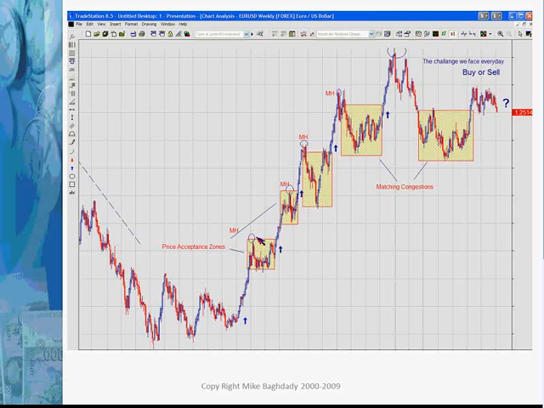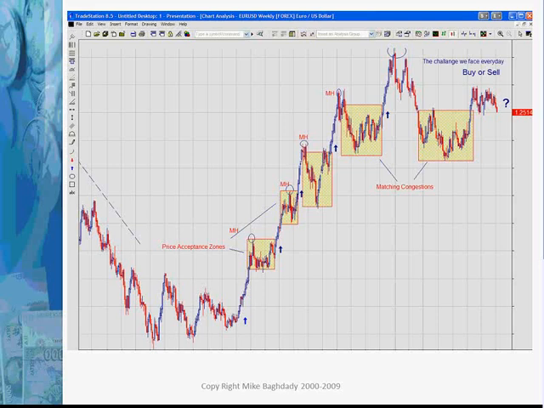After each impulse mode, we get into an equilibrium zone or a sideways zone, and in price behavior we call them price acceptance zones, because the traders begin to accept or realize that the new price is now the fair market price, and the market gets into an equilibrium.